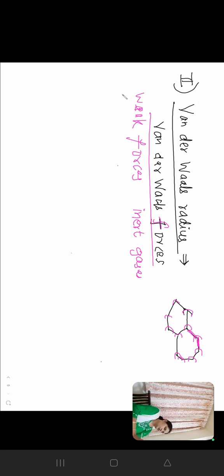Now, suppose you take helium gas. Helium gas is an example of an inert gas.